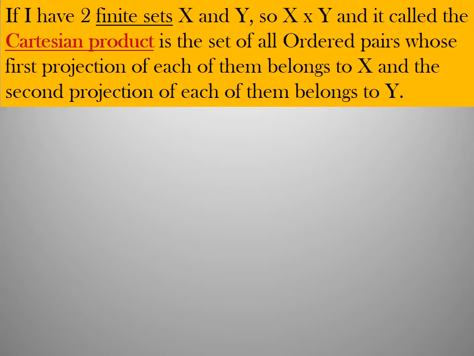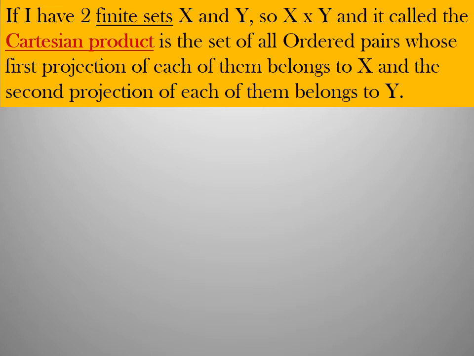When I said x is a set that has 1, 2, 3, it's finite. I can count its items. Again, if I have two finite sets, x and y, so x crossing y, I don't call it x times y. I call it x crossing y, and it's called the Cartesian product.